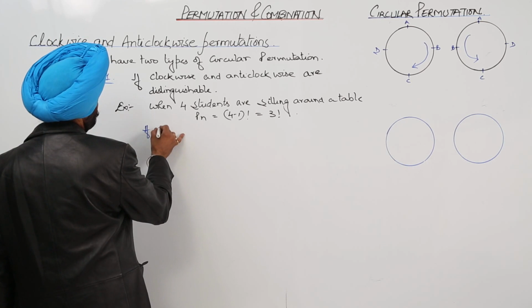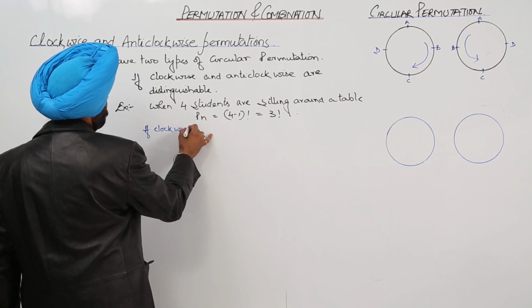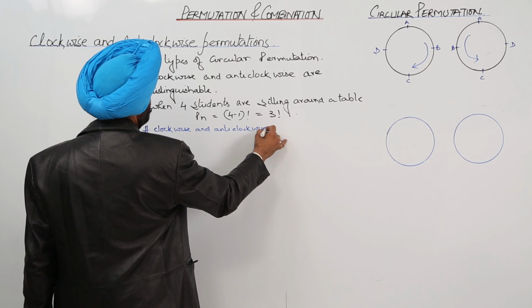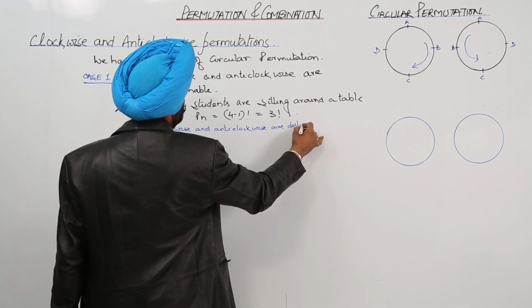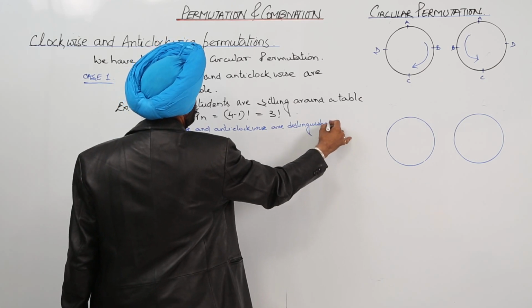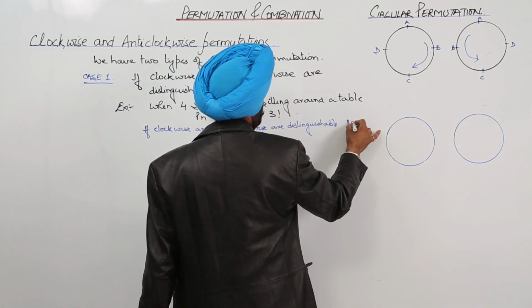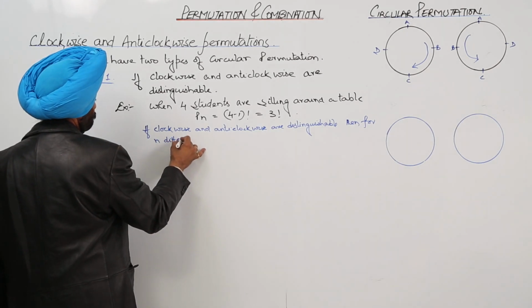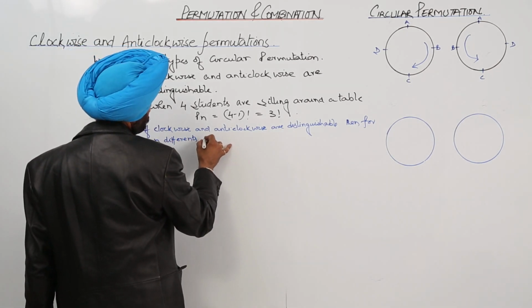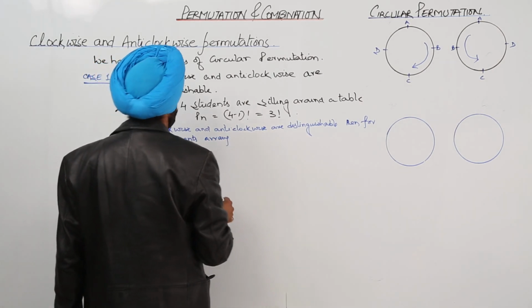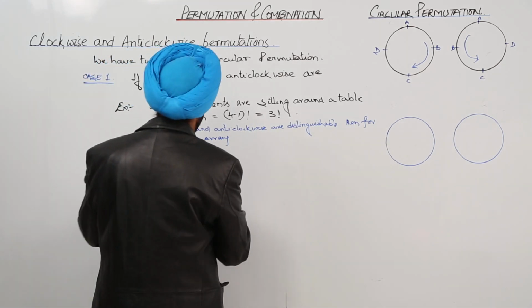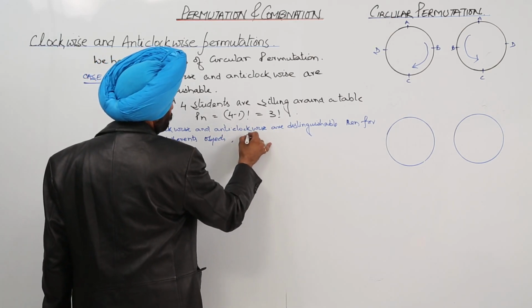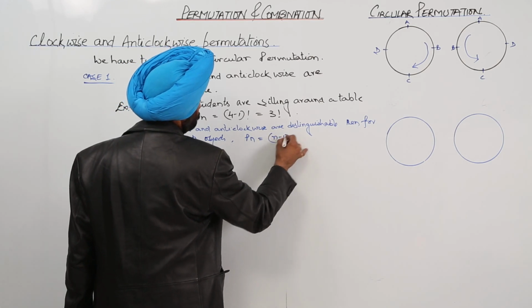if clockwise and anti-clockwise are distinguishable, then for n different objects, circular permutation will be n minus 1 factorial.